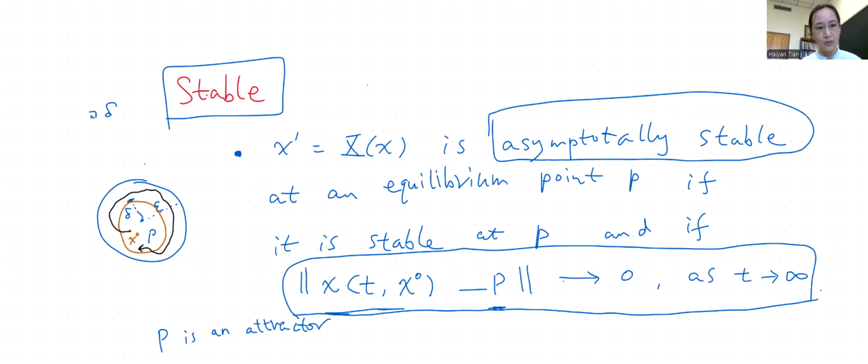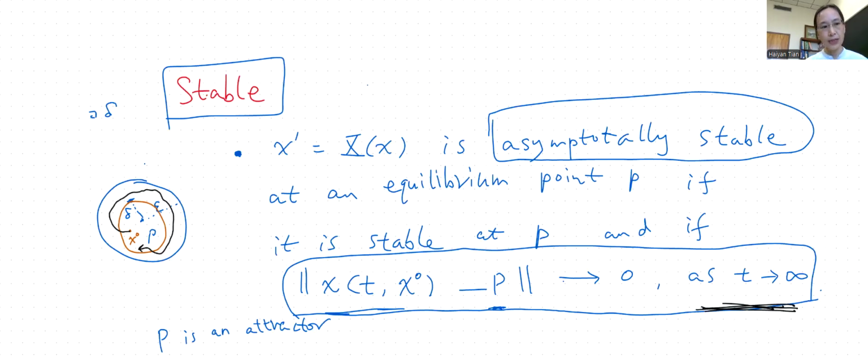Also, the solution curve will eventually get closer and closer to the fixed point. That means it will approach the fixed point when t is increasing. So in that case, P is called an attractor.